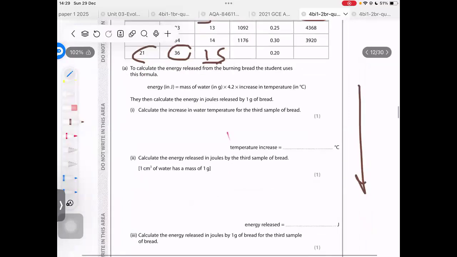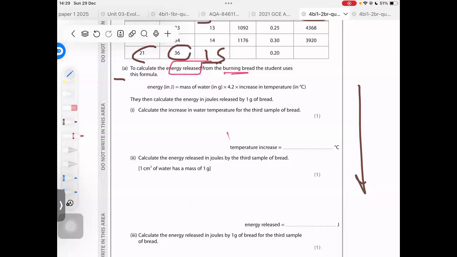So you can see in A1, they're asking us to calculate the energy released from the burning bread. To calculate the energy released from the burning bread, the student uses the formula energy is equal to mass of water, specific heat capacity of water, which is 4.2, and increase in temperature. Then they calculate the energy in joules released by 1 gram of bread.